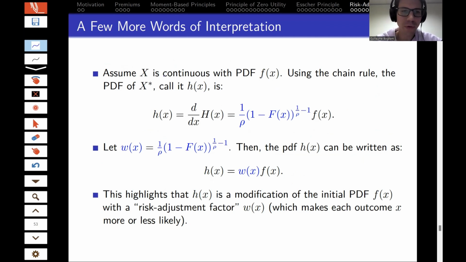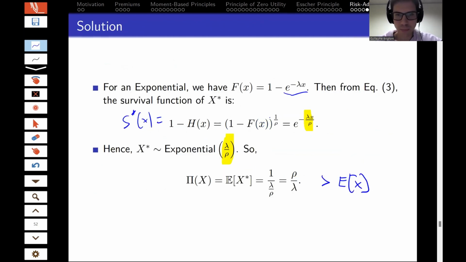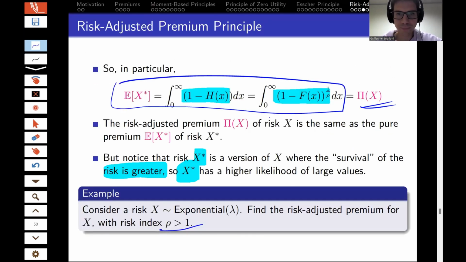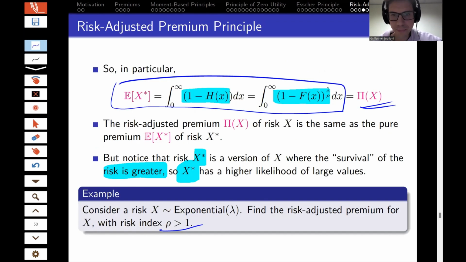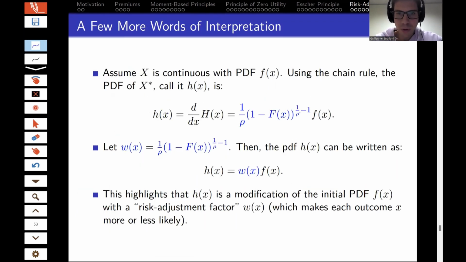Use the chain rule to find the PDF of X star. Nothing is especially hard here. You just differentiate big H as given before with respect to x, and you get this in front, and you get this thing.